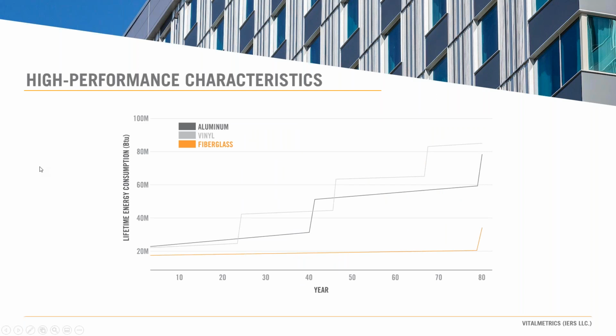Back to the topic of durability and low input energy. This graph that you're looking at is the lifetime energy consumption for different frame materials. Straight out of the factory, you can see fiberglass has a low amount of energy to produce it.